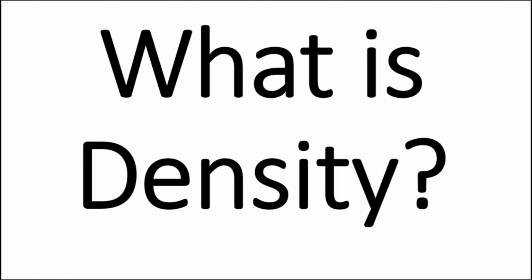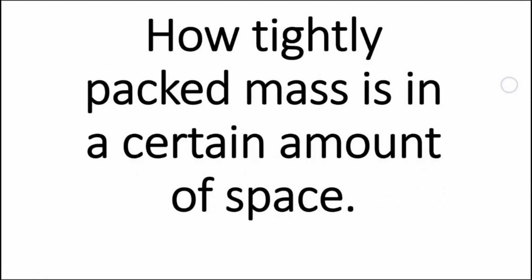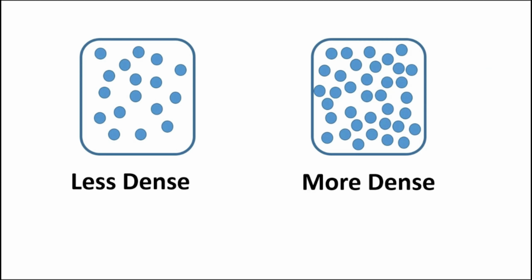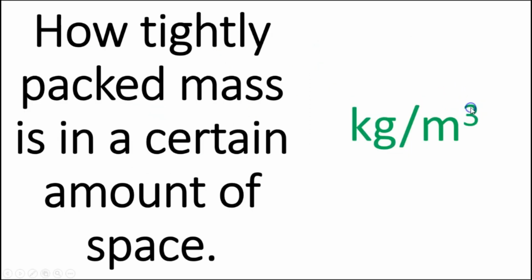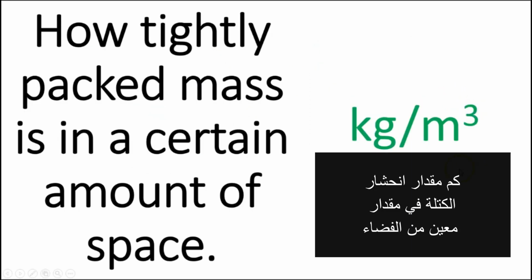What is density? Density is how tightly packed mass is in a certain amount of space. So if we have more mass packed into an amount of space, we consider it more dense than if we have less mass packed into that same amount of space. We measure density in units called kilograms per meter cubed.